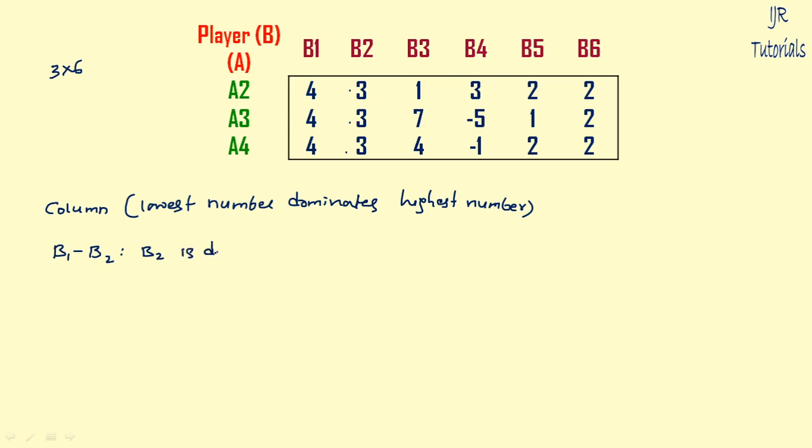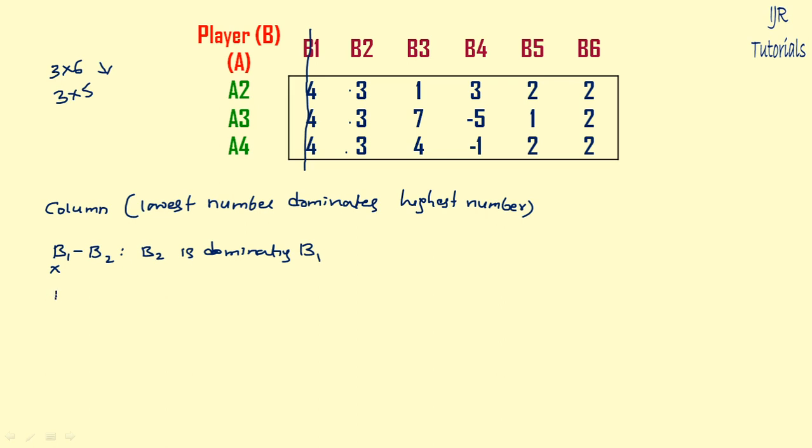That means we can delete B1 here because the lowest number or lowest column dominates the highest column. So we can delete B1 like this. Here the matrix is reduced to 3 by 5.